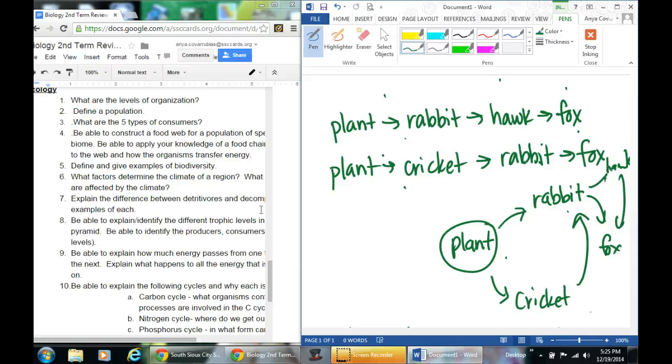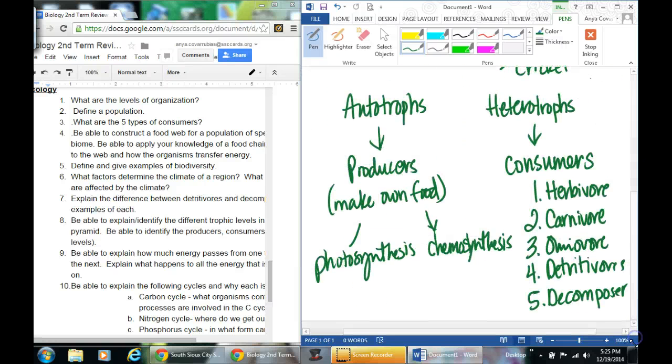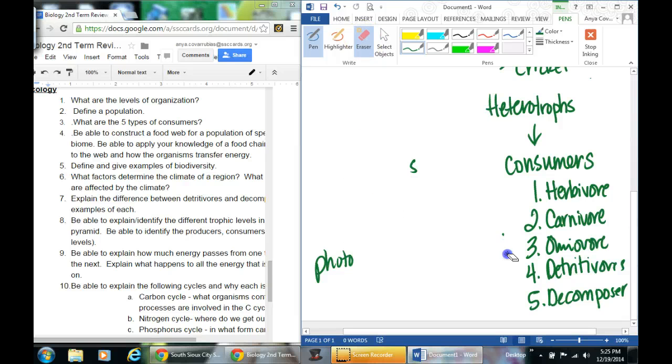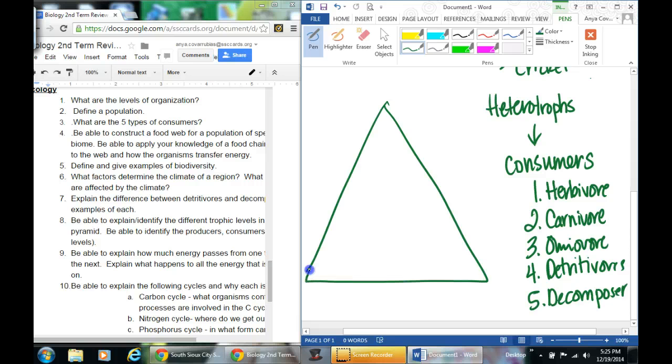Okay, explaining the trophic levels. Once we have these levels over here, we can start talking about the amount of energy that is going to be flowing. So we can show this in a pyramid. If we have a pyramid here, these are going to be our producers at the bottom, getting their energy from the sunlight.